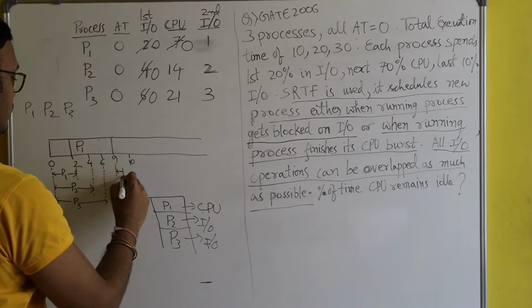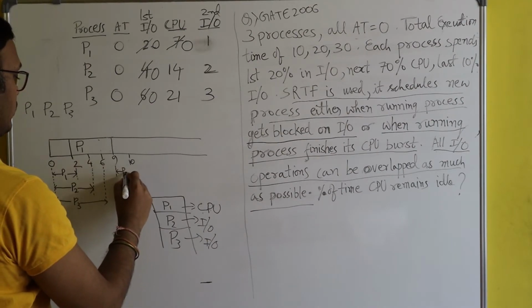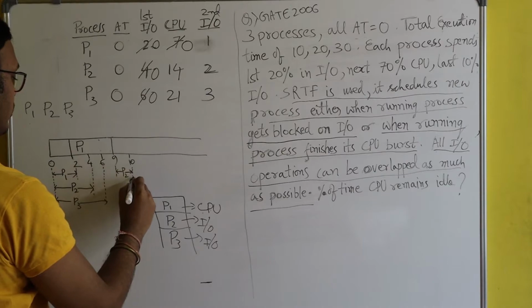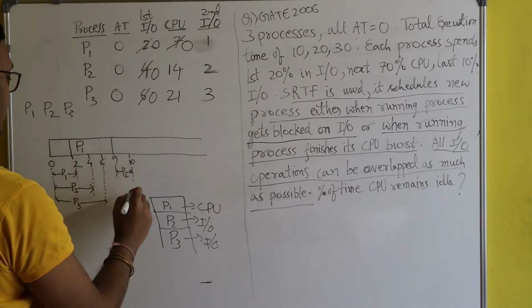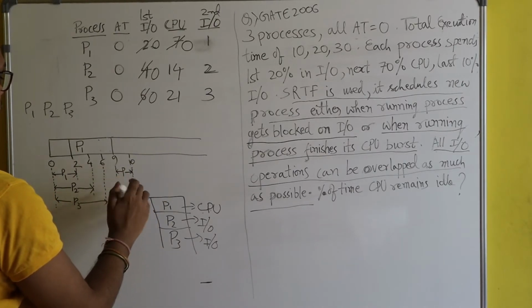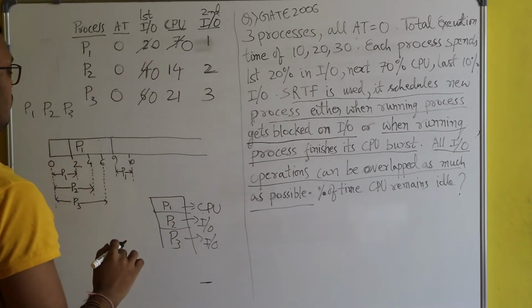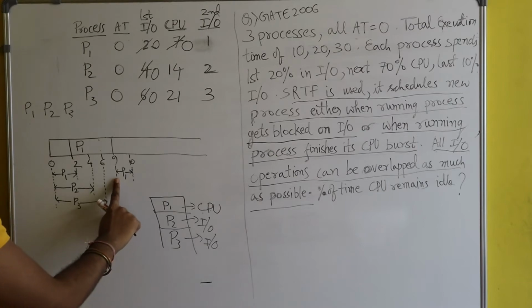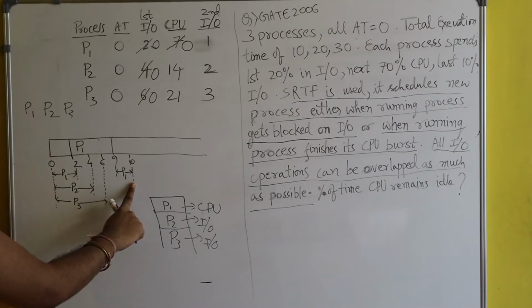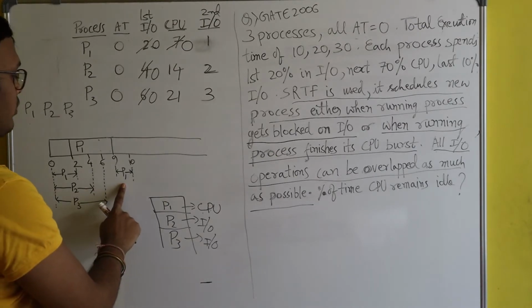Just be careful with the first IO and second IO. So now we can say that process P1 is blocked.